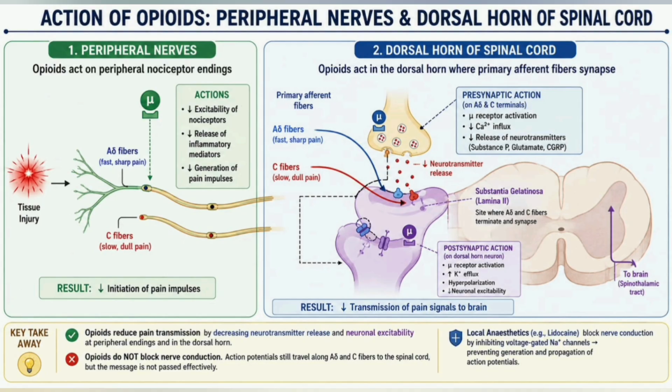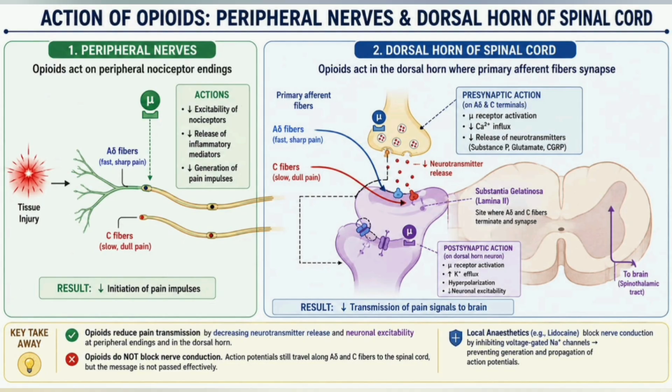So there is decreased calcium influx and accordingly there is lesser release of neurotransmitters like substance P and glutamate. While in the postsynaptic terminal, mu receptor activation leads to activation of potassium channels, leading to more potassium efflux, leading to hyperpolarization and thus decreased neuronal excitability in the postsynaptic terminal.